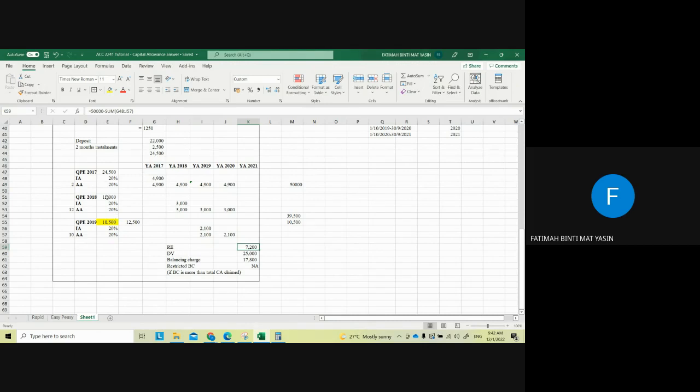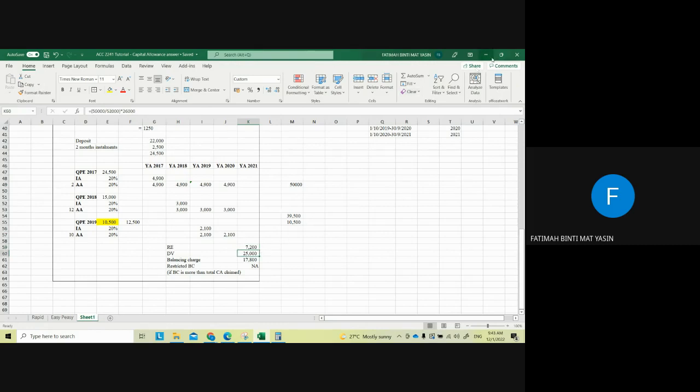So if you total up 34,500 plus 15,000 plus 10,500, it is 50,000. That is the QPE. You must deduct all of the initial allowance and annual allowance that the company already claimed. Then you will have 7,200 for the residual expenditure.